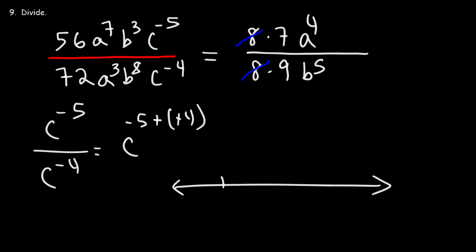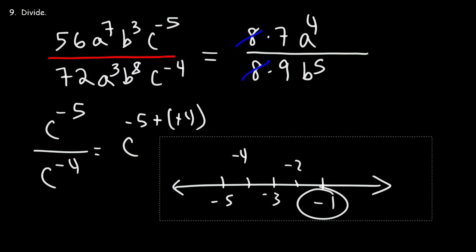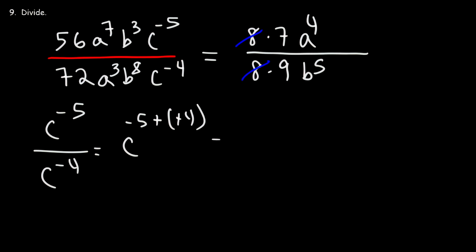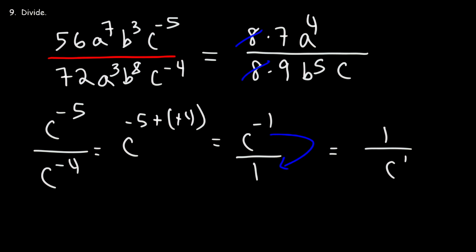So imagine if you're on a number line and you're starting at negative 5. If you travel 4 units to the right, what number will you get? Negative 5 plus 4 is negative 1. So right now, we have c to the negative 1 power. So we can write this over 1, and then we could take the c variable, move it to the bottom, to make the negative exponent positive. So this is 1 over c. So we can just write a c variable on the bottom.